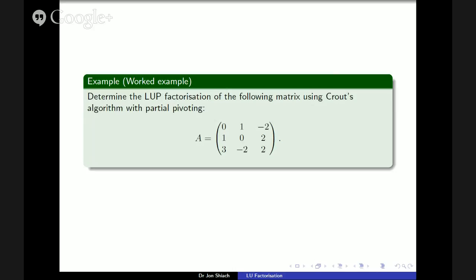You may recognize that from when we did it using elementary matrices before.